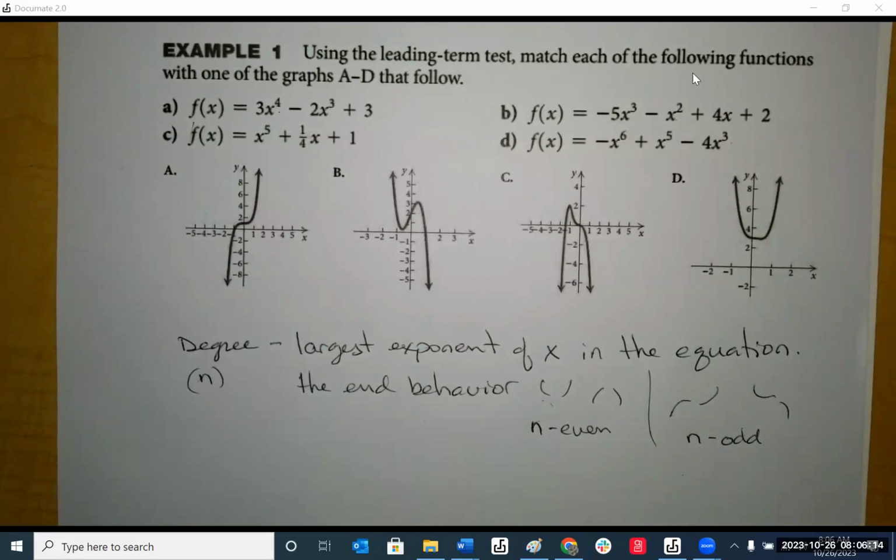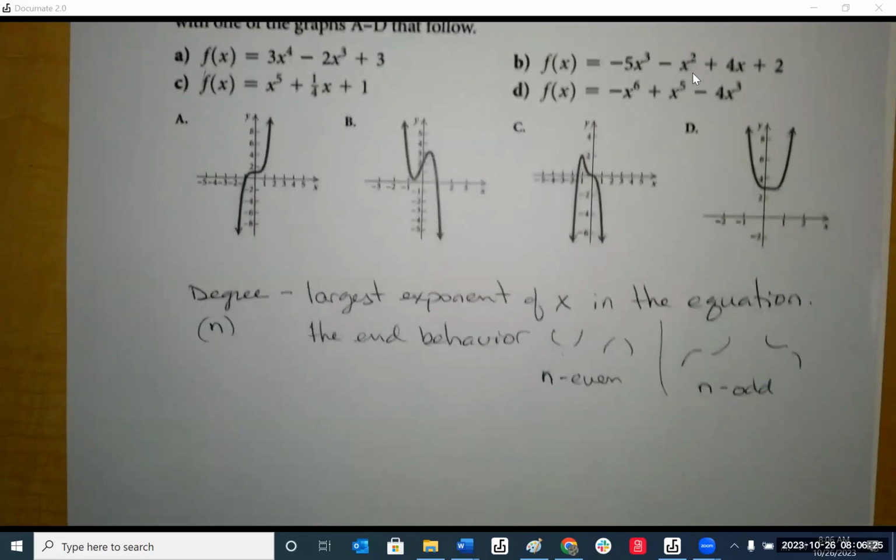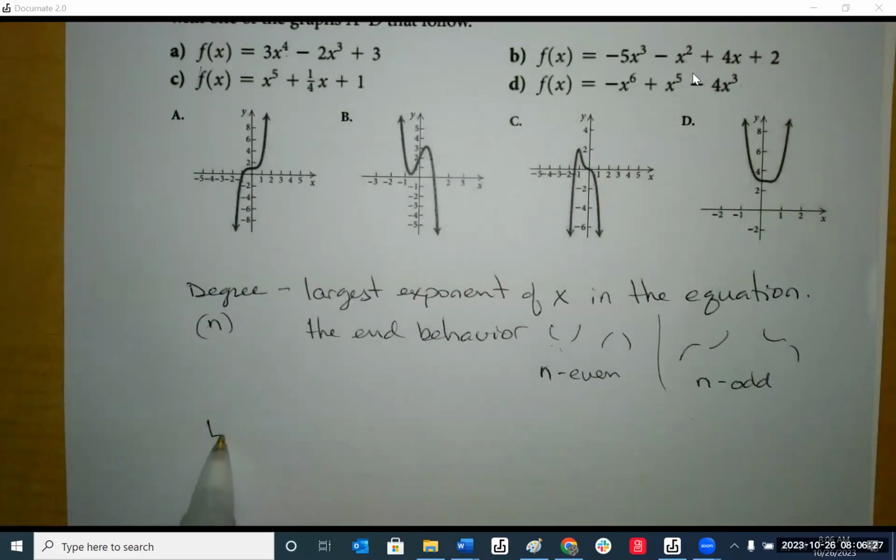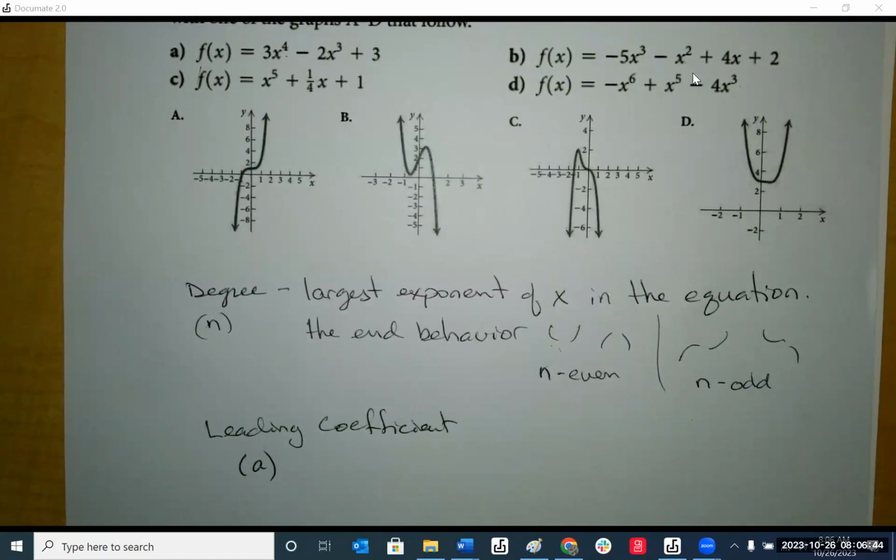So what determines which one of those sets it is and which one of those 2 it is? The leading coefficient. We call that A. It's the number of the first term. It's whatever's in front of x of the leading term.